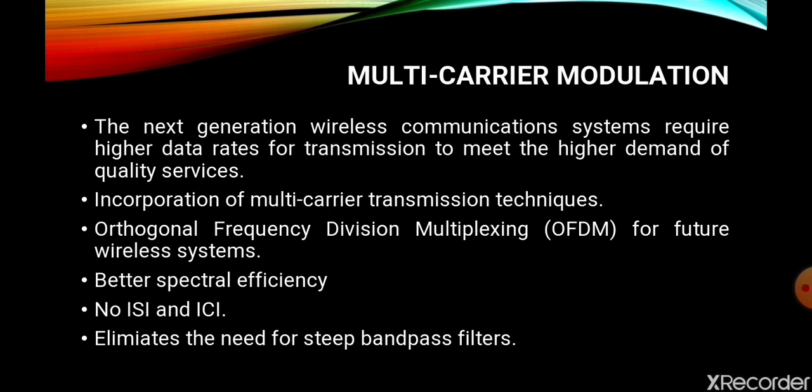Such early systems required analog oscillators and filters of much wider bandwidth and very sharp cutoff. Due to this reason, the concept of OFDM did not gain much importance since then. Not much popularity was gained at that time because of the difficulty in subcarrier recovery. That is, recovering the signals at the receiver was not that easy due to the complexity in the circuit and the sharp filter designing and all that.